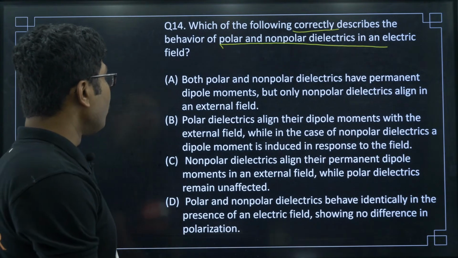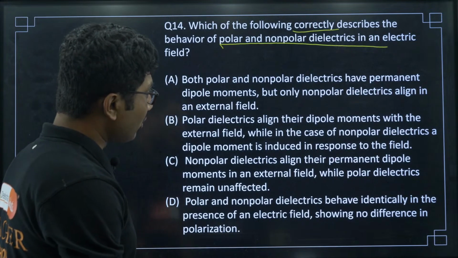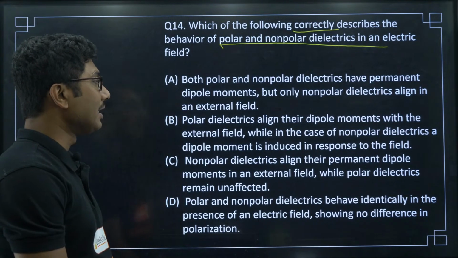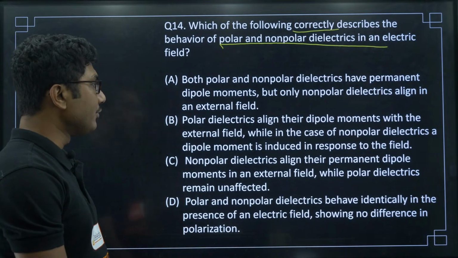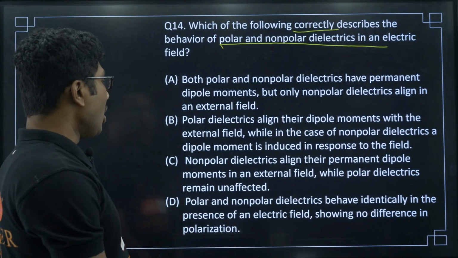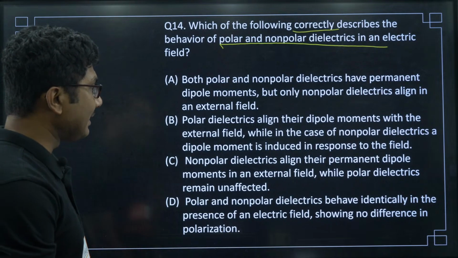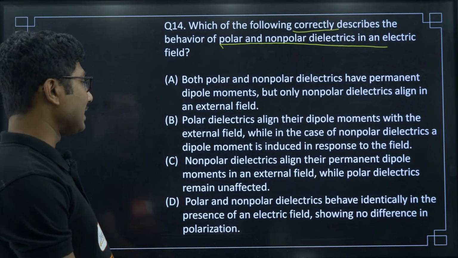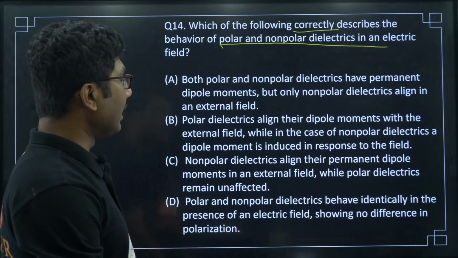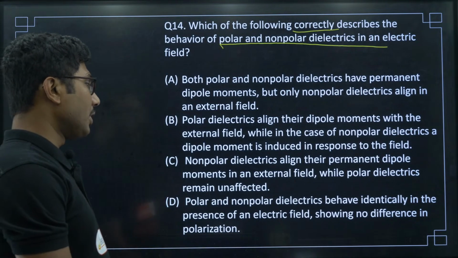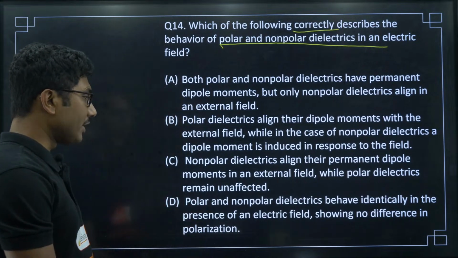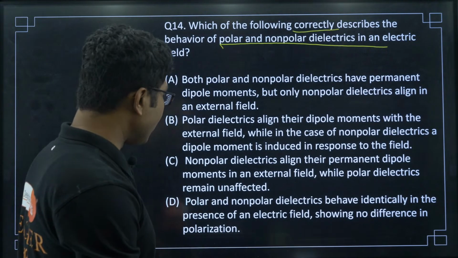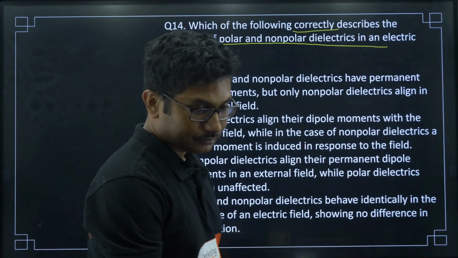Option B, polar dielectrics align their dipole moments with the external field, while in the case of non-polar dielectrics, a dipole moment is induced in response to the field. Option C, non-polar dielectrics align their permanent dipole moments in an external field, while polar dielectrics remain unaffected. Option D, polar and non-polar dielectrics behave identically in the presence of an electric field, showing no difference in the polarization.